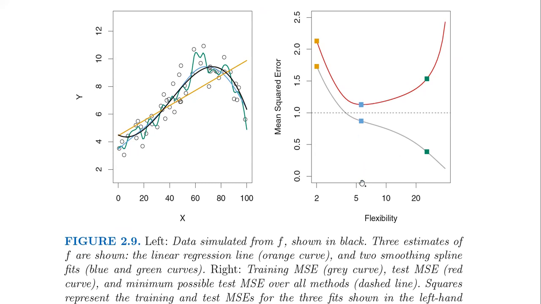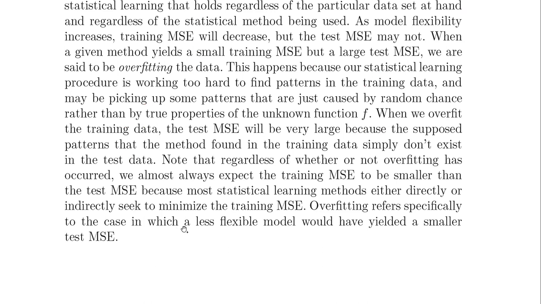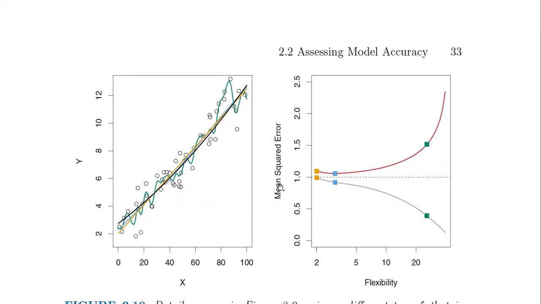This has like flexibility 5. This has flexibility, whatever, 22. Although the scale, never mind, it's not important. So that's when we would describe a model as having overfit the data.